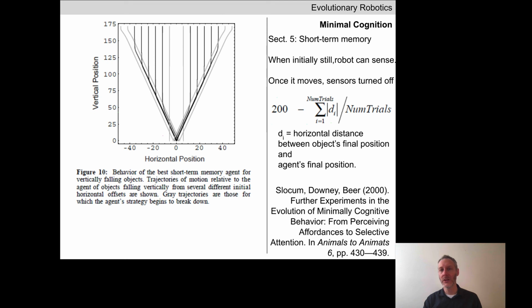What can you conclude from this figure? What is the agent doing in these 16 cases? You'll notice at the end, when the vertical position of the object is 0, the horizontal difference or error, the horizontal distance between the agent and the object, which is now at the ground, is close to 0, almost 0. So the agent has captured the object in almost all of these cases, but not quite.